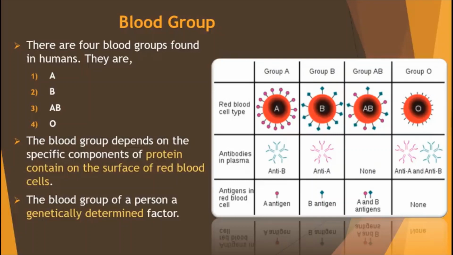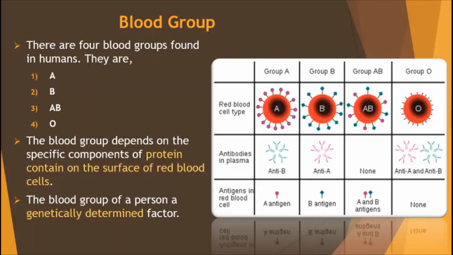These proteins are called antigens. Also, in the plasma of those persons, there is another type of protein called antibody. These 2 types of proteins determine the blood group of a person.